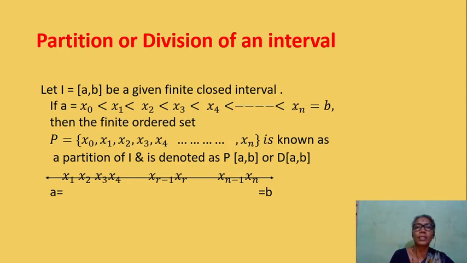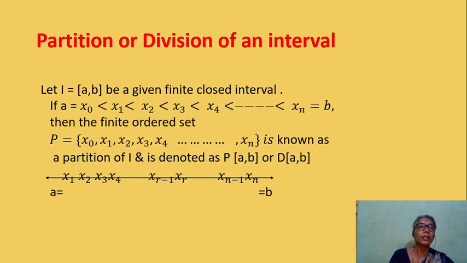The last point represents the final value b and the initial value is a. Then the finite ordered set P given by the points x0 to xn is known as a partition of the given interval I.